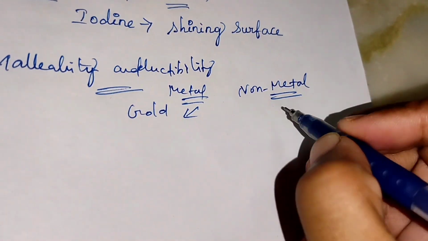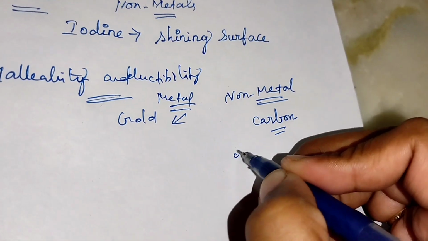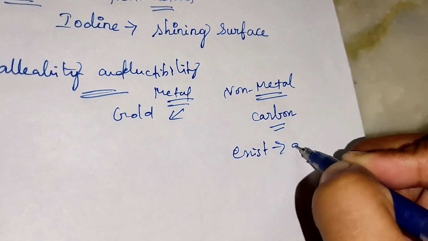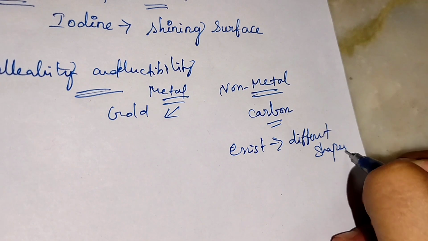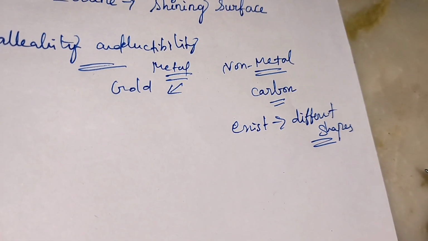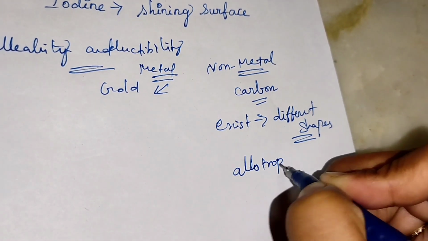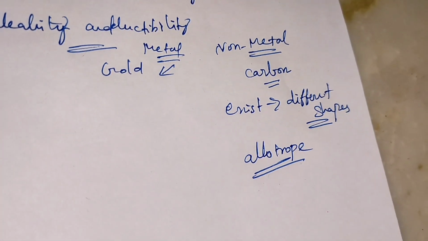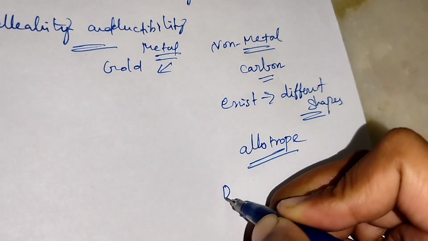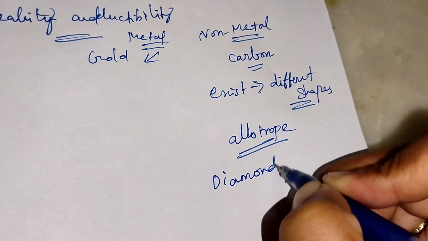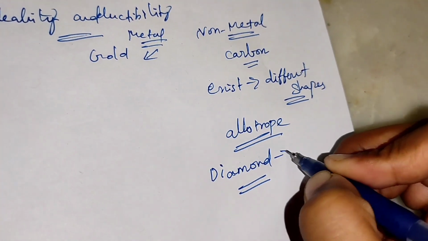For non-metals, we are taking carbon. This carbon exists in different shapes, and these different shapes are known as allotropes of carbon. Diamond is one allotrope of carbon, and it has a very high melting and boiling point.